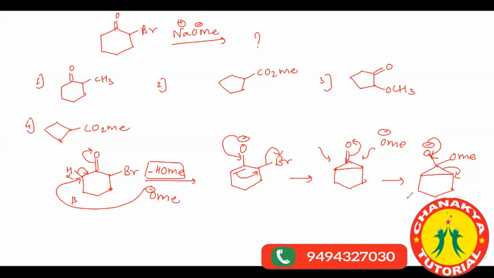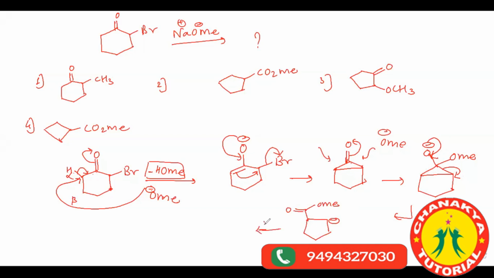When the negative charge forms over here, you will get the five-membered ring, right? Negative charge comes over here, right? Yes or no? And the other carbon, as it opened, has the other thing like C double bond O and OMe on it, correct?